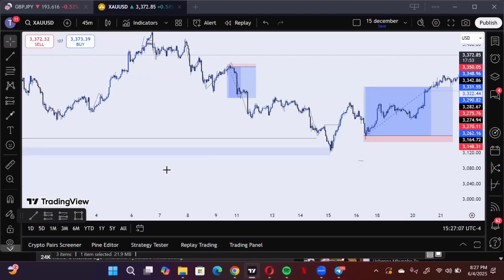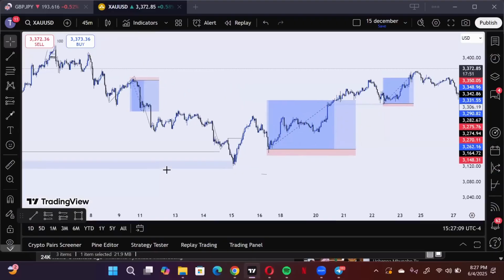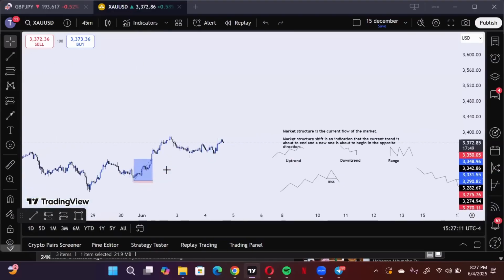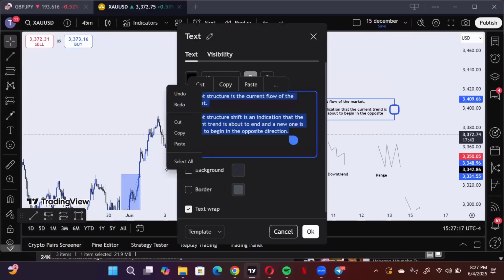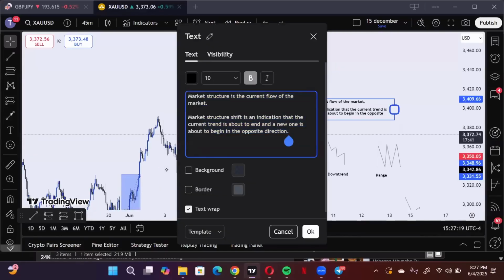A break of structure is basically a scenario where the market keeps breaking key levels while maintaining its current trend. A market structure shift is an indication that the current trend is ending and a new one is about to begin in the opposite direction. But a break of structure is a scenario where the market keeps breaking key levels while maintaining its current trend.